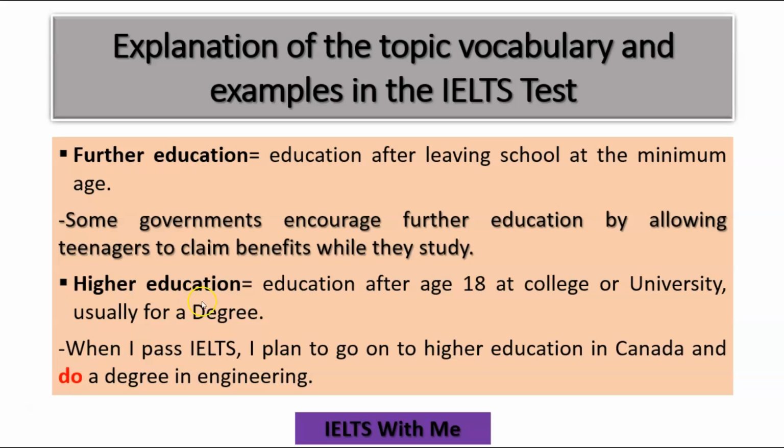Higher education means education after age 18 at college or university, usually for a degree, master's degree, PhD, postdoc, and so on. When I pass IELTS, I plan to go on to higher education in Canada and do a degree in engineering and a master's degree in engineering after doing my bachelor's, right?